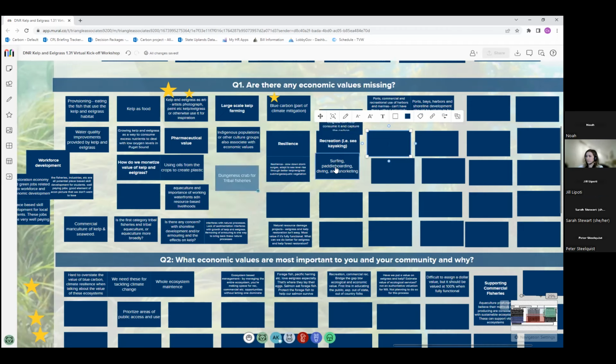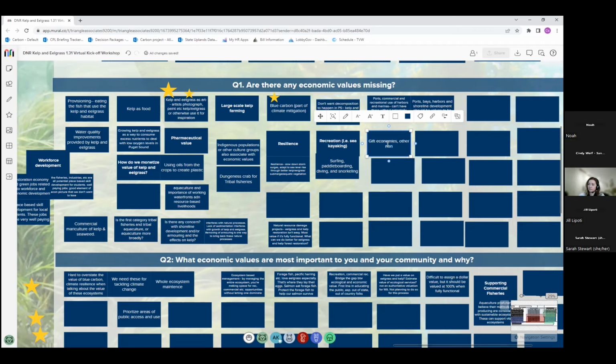Part of the research I'm looking into is any existing non-traditional economic values like gift economies, which tangentially relates to the Indigenous populations and other cultural groups and those associated economic values. I know the value of kelp and eelgrass is hard to quantify, as we've mentioned, but even harder to quantify, I think, are the economies that exist outside of our traditional economy. But I think that they are just as important.